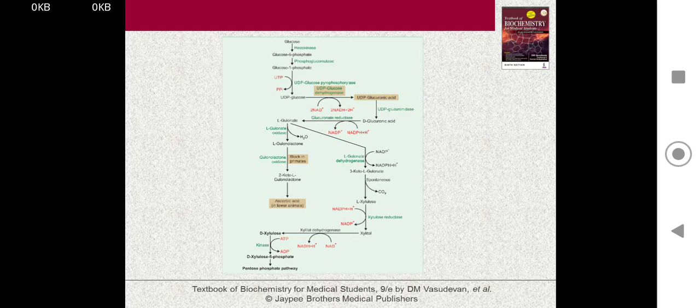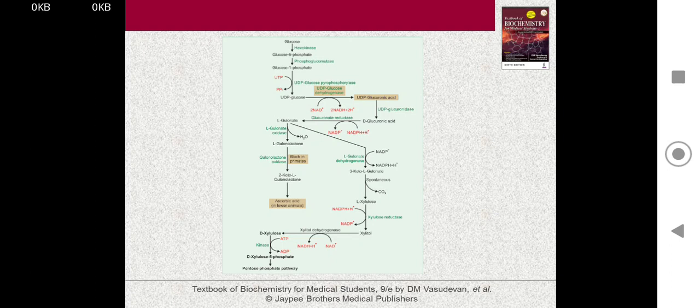In human beings, the enzyme gulonolactone oxidase is absent. So ascorbic acid, known as vitamin C, has to be taken in the diet, because human beings cannot convert L-gulonolactone to ascorbic acid.